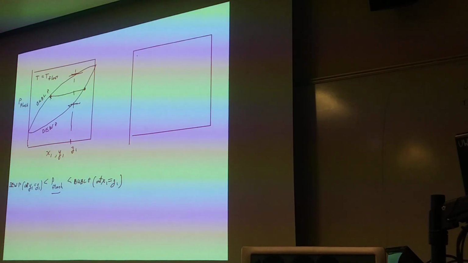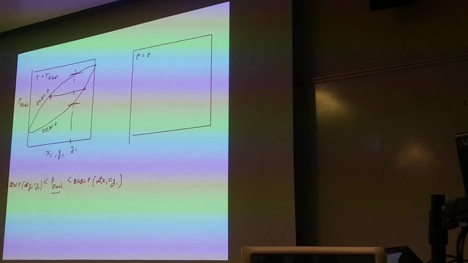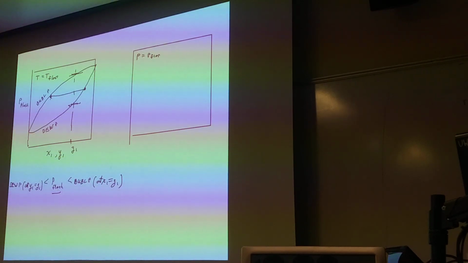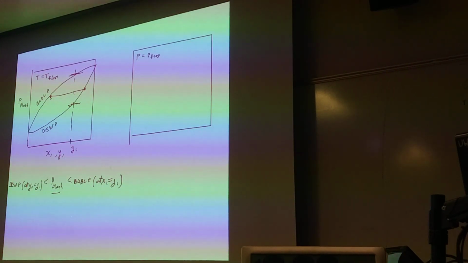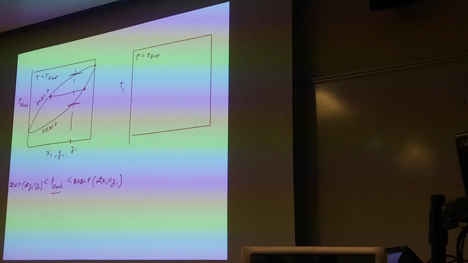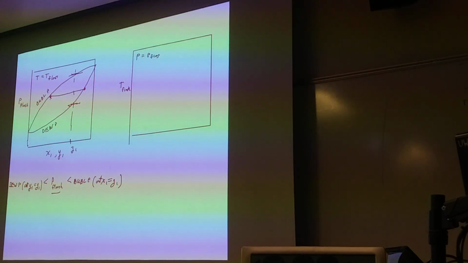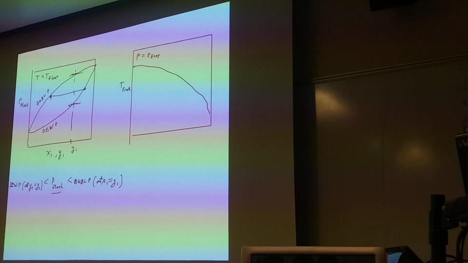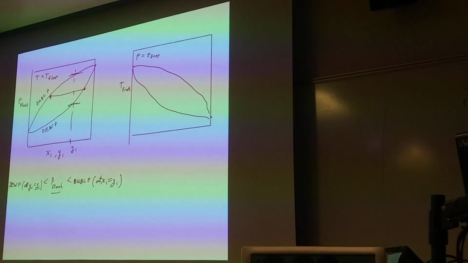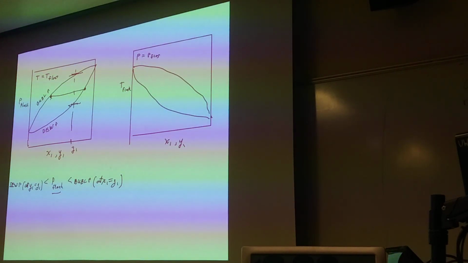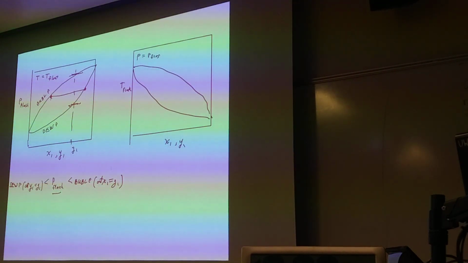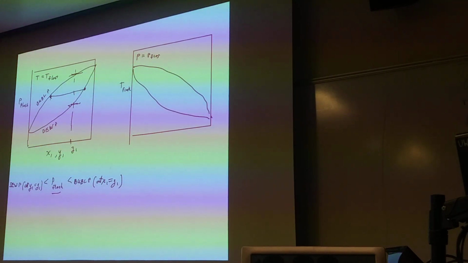Now if I had the diagram in terms of the flash pressure, then what I've got here is temperature. It's going to look like this, with a similar thing: X1, Y1 here, and let's say we've got Z1 here.